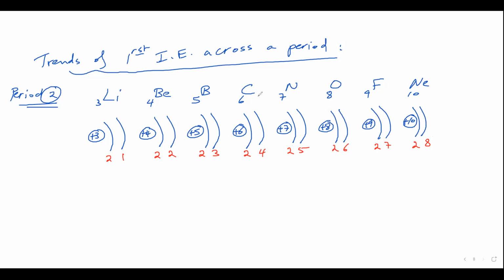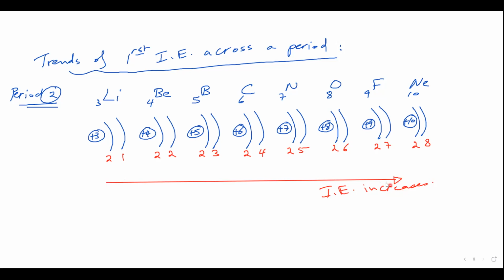So what do you expect, Yamavi, for the ionization energy across a period? Will it increase or decrease? It'll increase because we have more protons pulling onto the valence electrons. Hence, there is a greater attraction between them. Yes, excellent. Across a period, as Mavi said, the ionization energy increases.